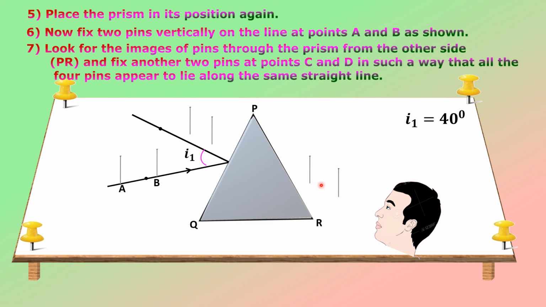So these two pins are fixed at the two points C and D. That means if you draw a straight line, all the four pins, that is these two images and the two original pins, lie along the same straight line. We have to fix these two pins in that manner only.